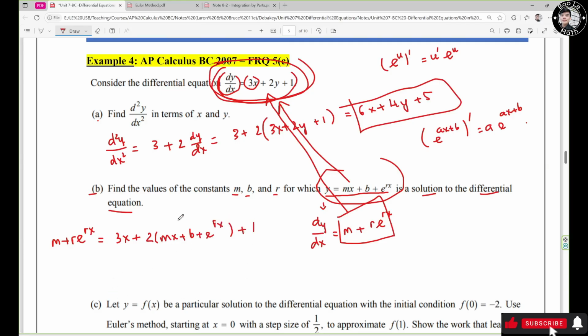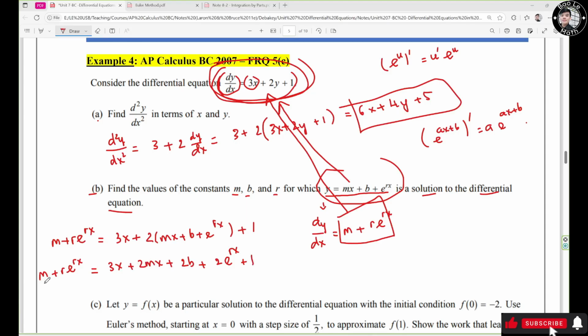Now I need to distribute this and group them. So I have m plus r times e raised to the rs equals 3s plus 2ms plus 2b plus 2e raised to the rs plus 1.